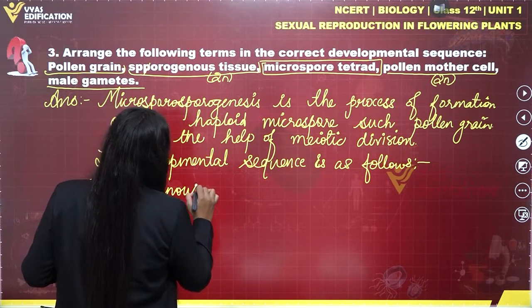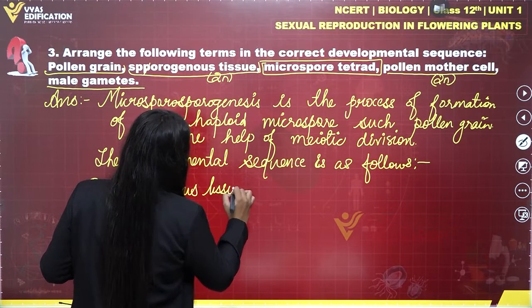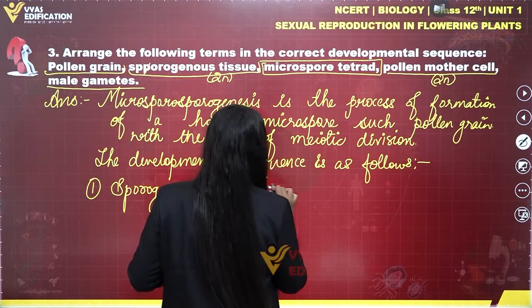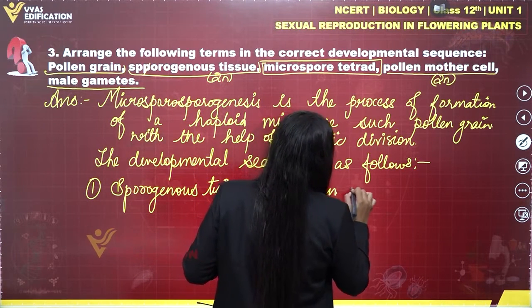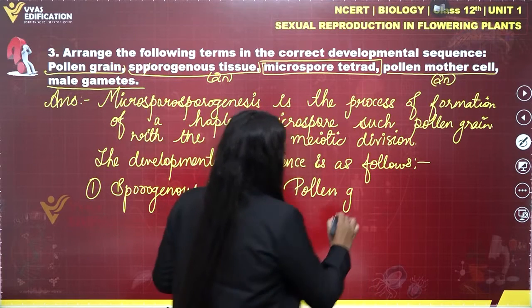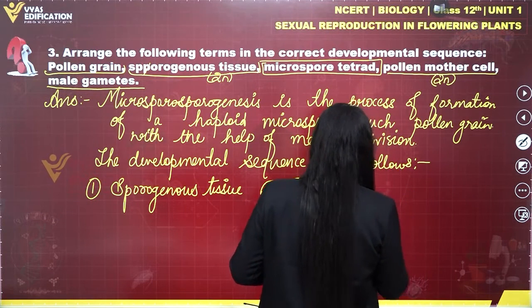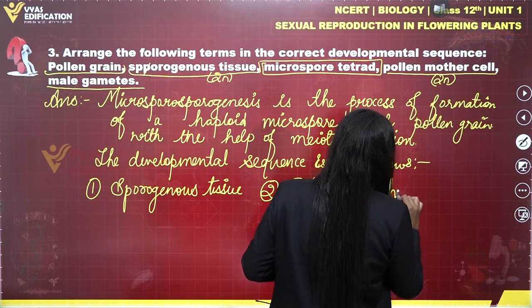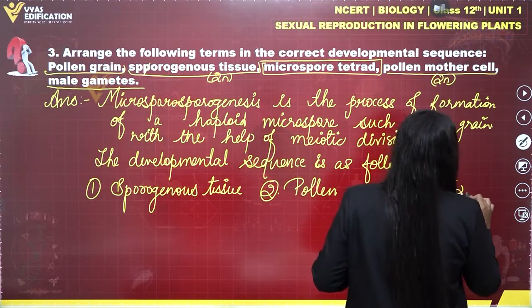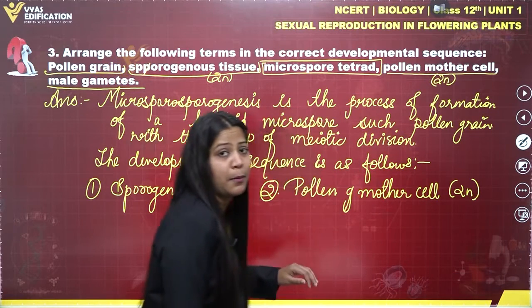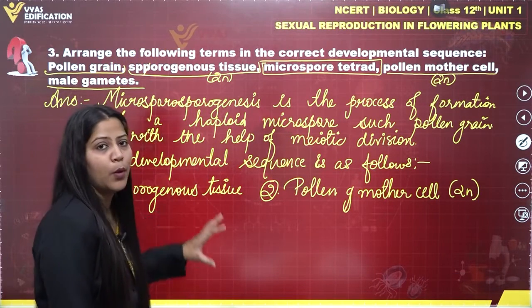After the sporogenous tissue, we will get pollen mother cell, which is diploid in nature and present inside the microsporangia or pollen sac.